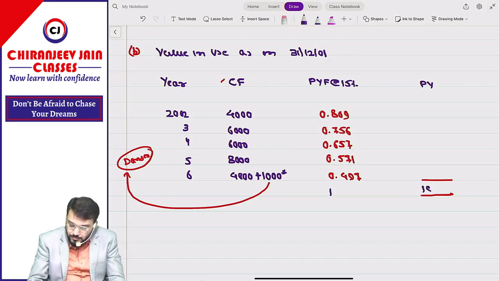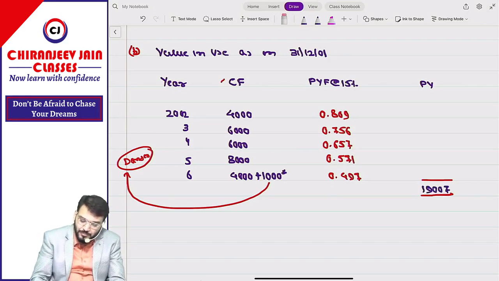It is approximately 19,000, 19,007. So this becomes the value in use.